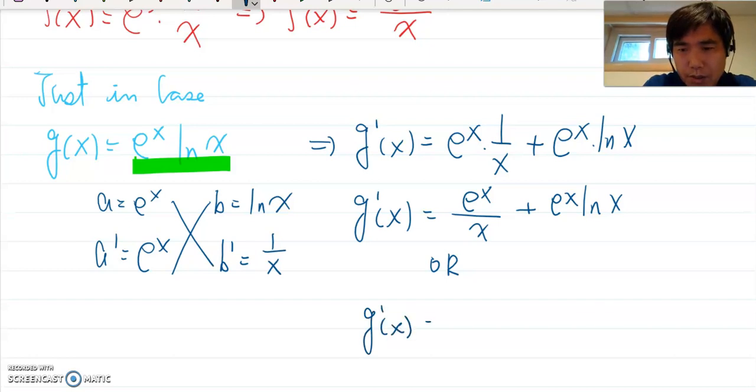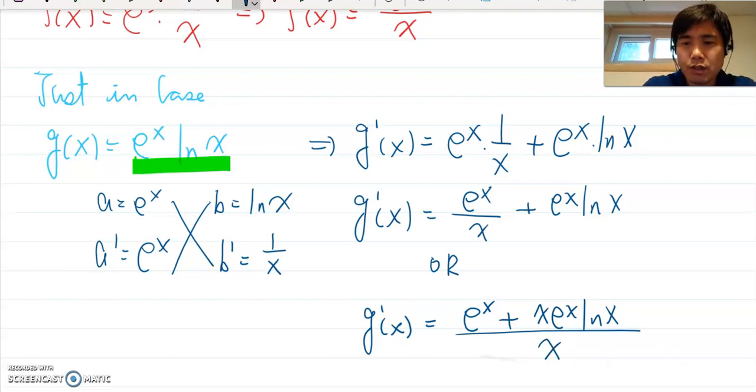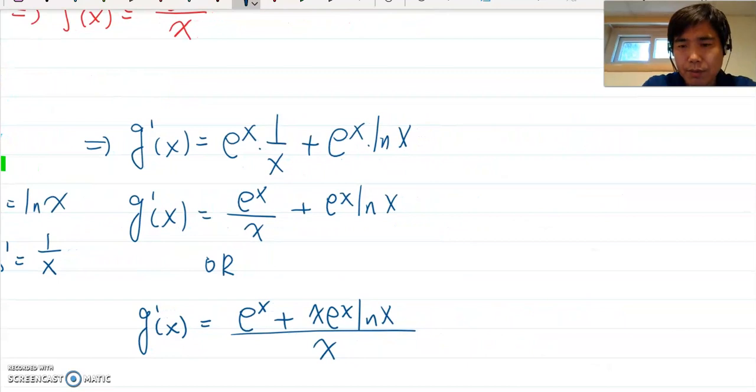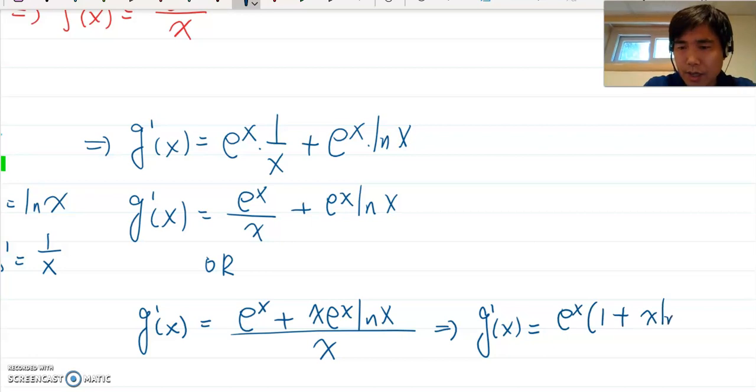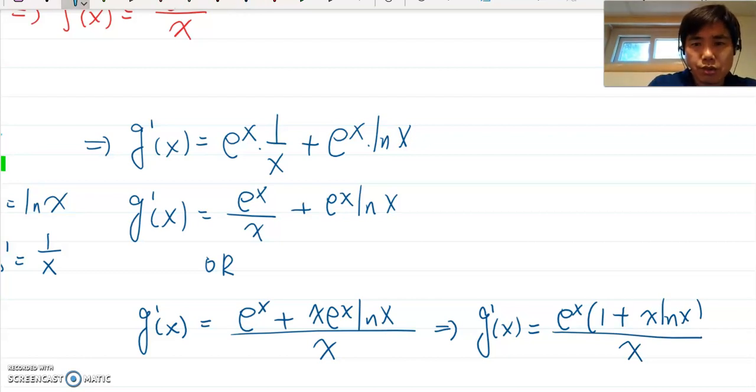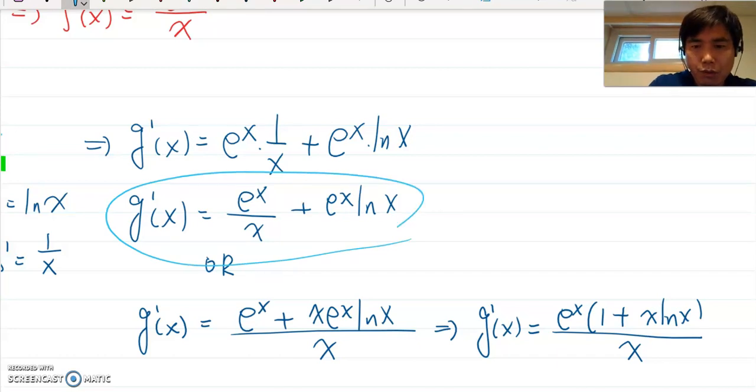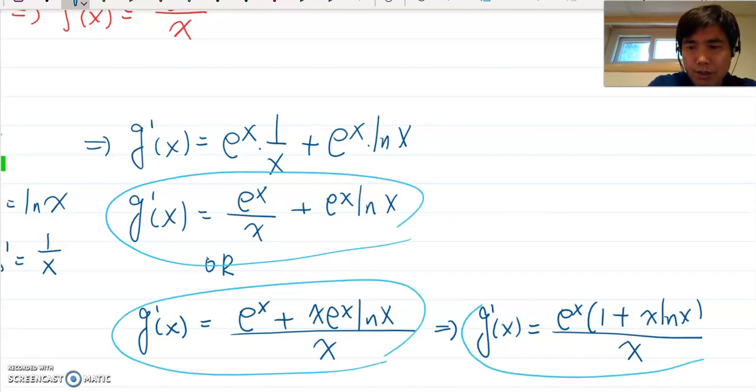Then g prime x equals e to the x plus x e to the x ln x over x. That will be the answer. Some of you may want to simplify even more, like factoring. Then g prime x can be e to the x times 1 plus x ln x over x. They are all three final answers. So you can choose any one of these answers. Okay?